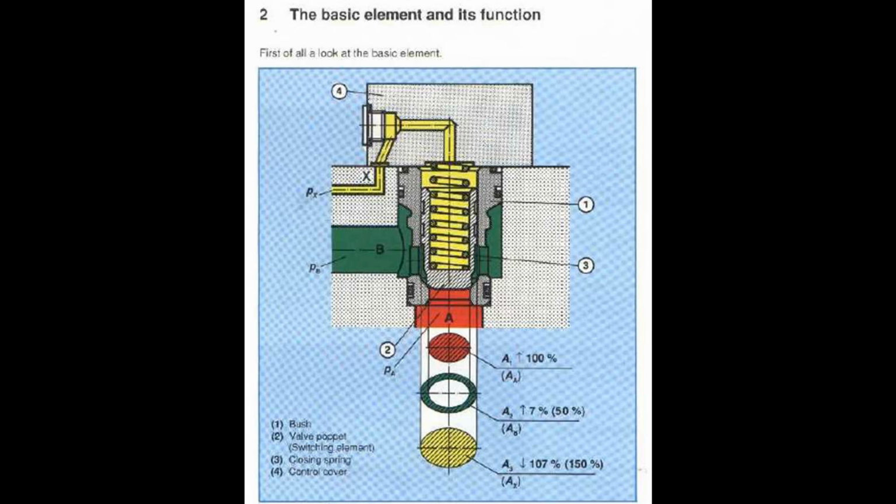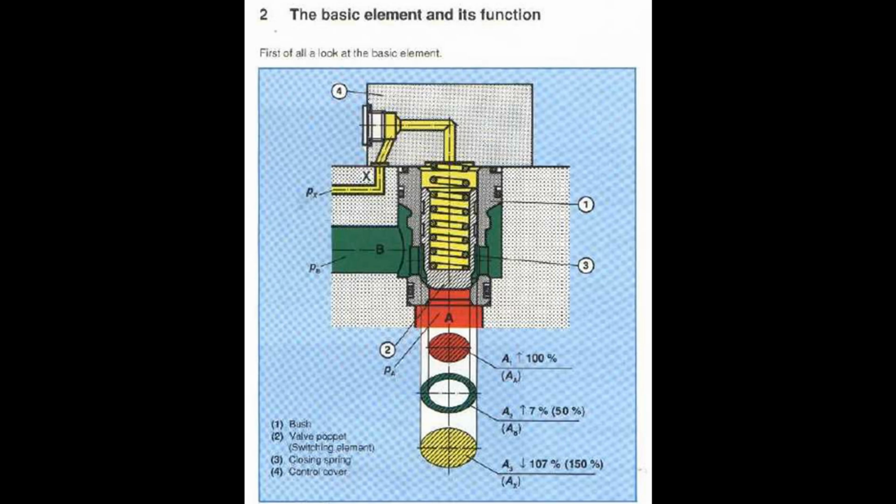The annulus area at port B is taken as 50% of the basic area in standard valves, e.g. in Mannesmann Rexroth, but other areas up to 100% are also available. The area on the spring side is the sum of the other two areas.